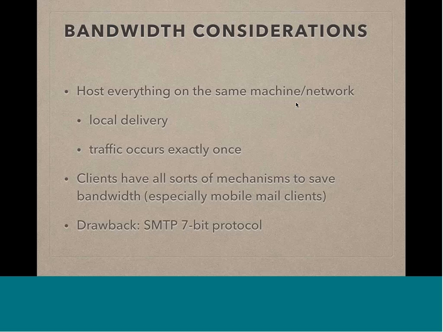Another good thing about bandwidth is that the bandwidth problem is also not new. If you have a mobile phone, you don't want this 5 megabyte attachment of the new baby of your neighbor on your phone, because it will kill your data plan. So a mobile email client usually has a mechanism to save bandwidth.